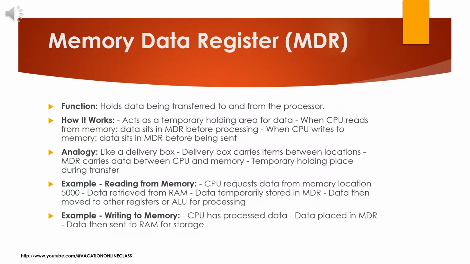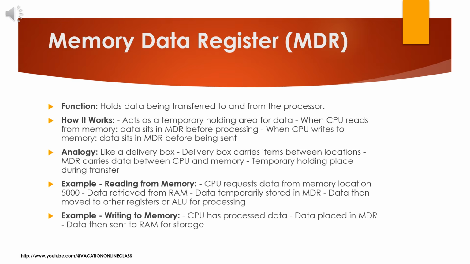Now let's look at the memory data register, or MDR. While the MAR, which we discussed earlier, holds the address of the data, the MDR holds the actual data itself as it is being transferred to and from the processor.